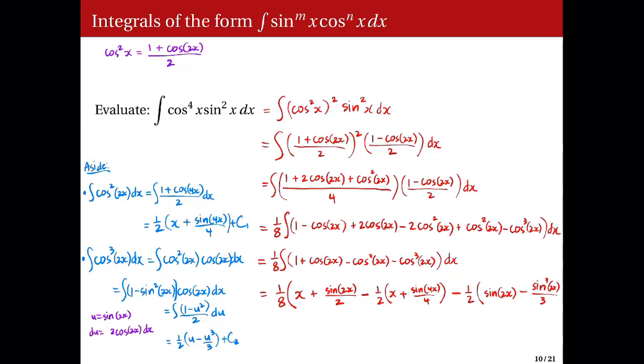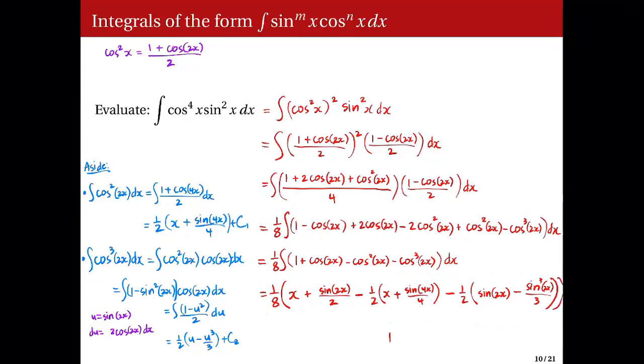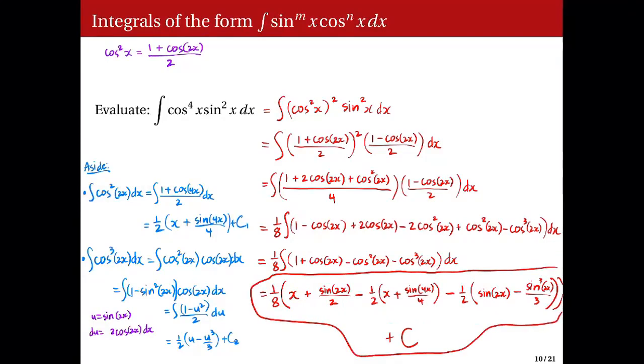Okay? And then we just close the parenthesis. And then we will have our final answer. Parenthesis in here, another parenthesis in here, and then your plus arbitrary constant. So this is the final answer to that integral.